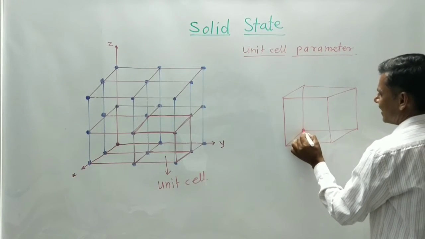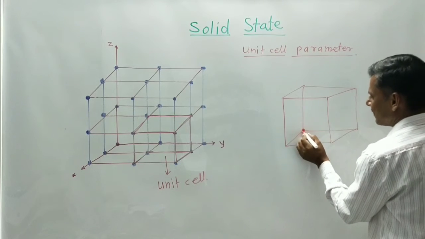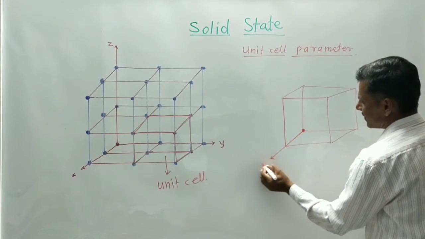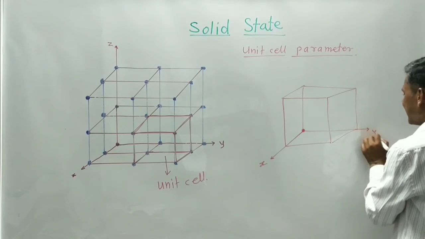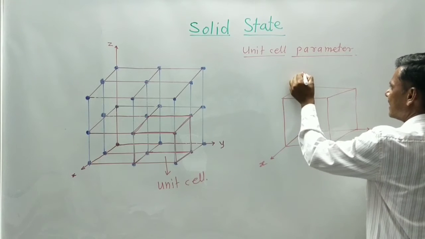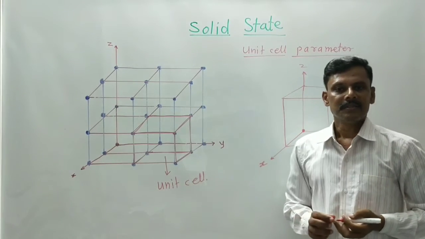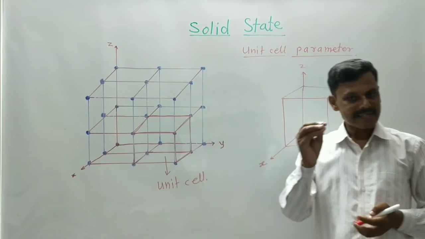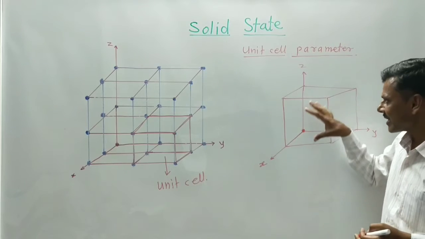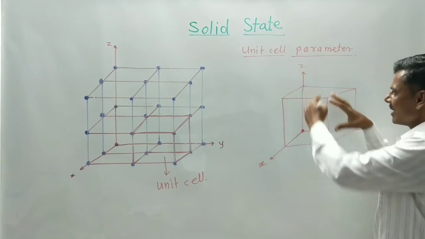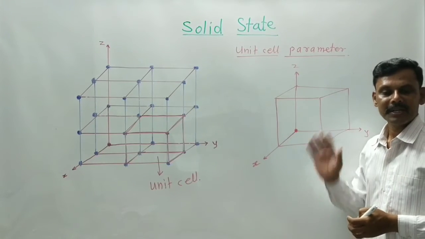So we consider this point, axis of this point. So it is our x-axis, y-axis and the z-axis. Now imagine this unit cell in 3 dimensions. For 3 dimension imagination, I've drawn the axis of that unit cell.